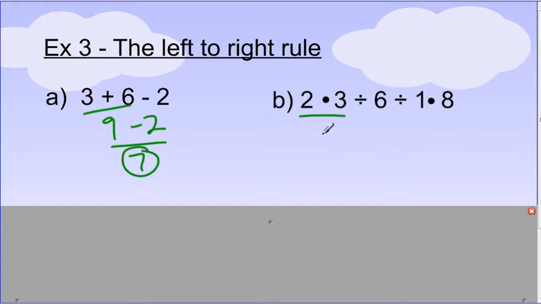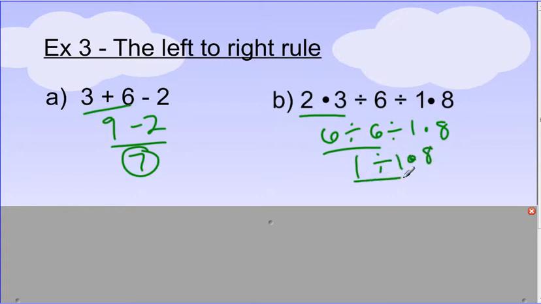We get 6. Divide by 6, divide by 1, times by 8. Now, we are not going to do this next multiply next. The rule says you work from left to right if you have multiplies or divides. If you have two things on the same step, you work from left to right. So we need to do this division next. 6 divided by 6 is 1.